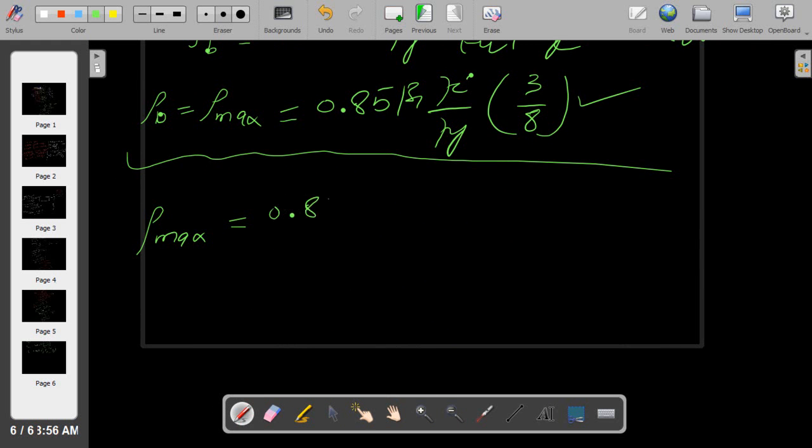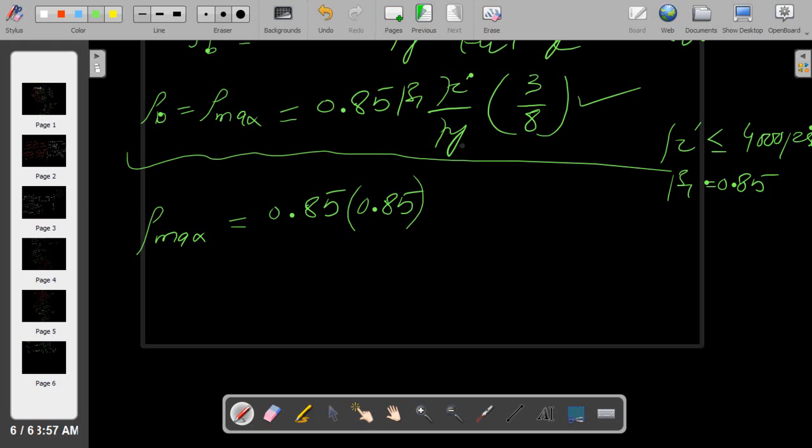Here 0.85 beta 1, that is 0.85, because the value of fc prime is less than or equal to 4000 psi, so the beta 1 value will be 0.85. Fc prime is 3 ksi while fy is 60 ksi, and 3 by 8 is constant.